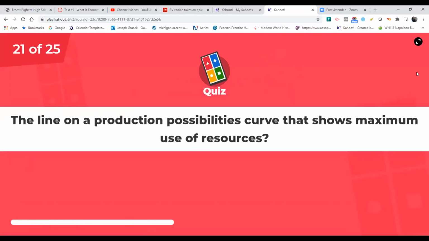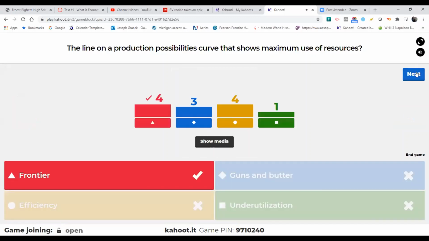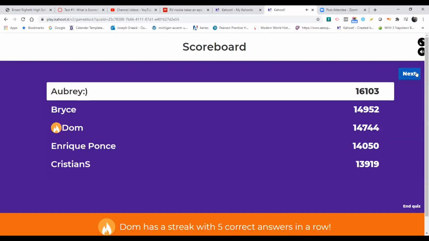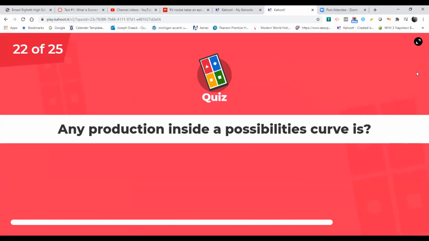All right, the line on a production possibilities curve that shows the maximum use of resources. Frontier. That was area 2 represented by the curve BDC. All right.